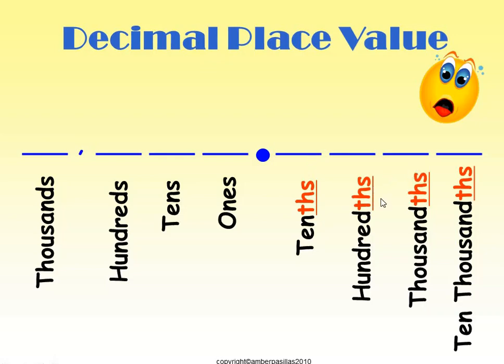The hundredths will be any number over 100, and the thousandths will be any number over 1,000. So we are talking about a denominator that is a base of 10: 10, 100, 1,000, 10,000, etc.